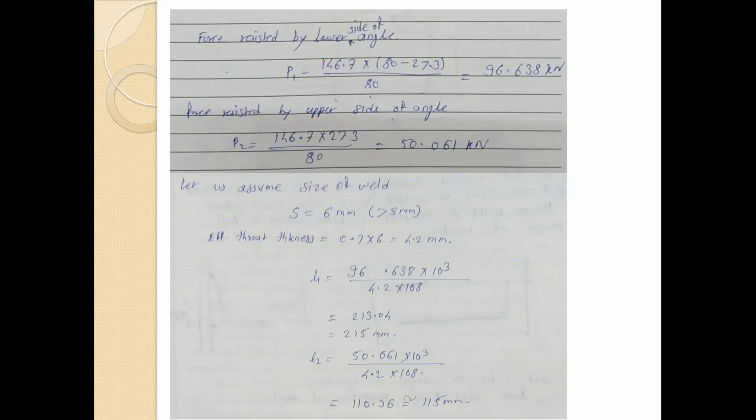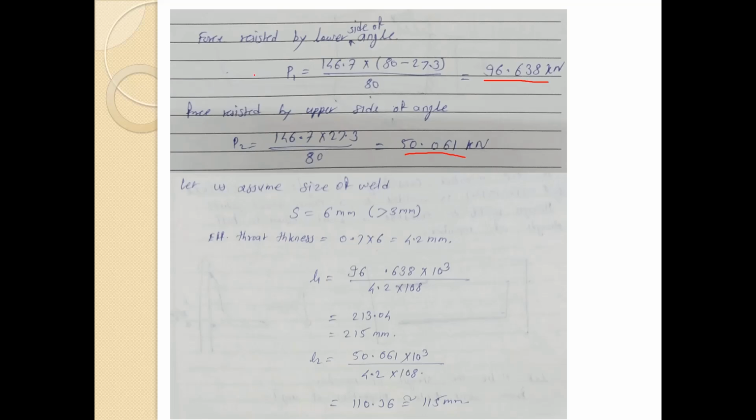So amongst this 146.7, the P1, that is lower side of the angle, carrying the load this much, that is 96.638. And force resisted by the upper side, that is 146.7 into 27.3 divided by 80, that is 50.061 kilonewton.